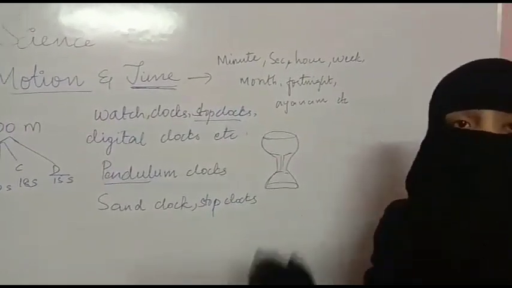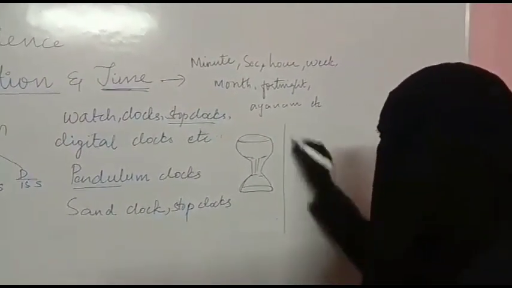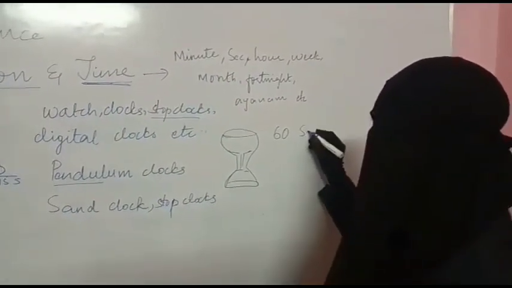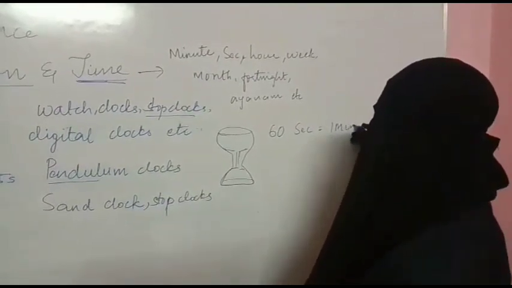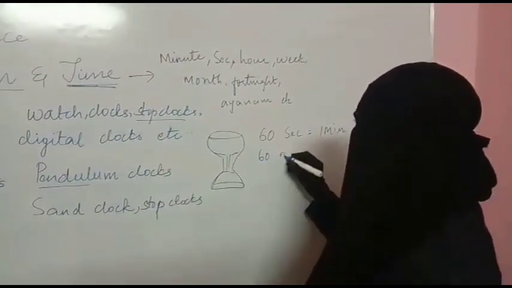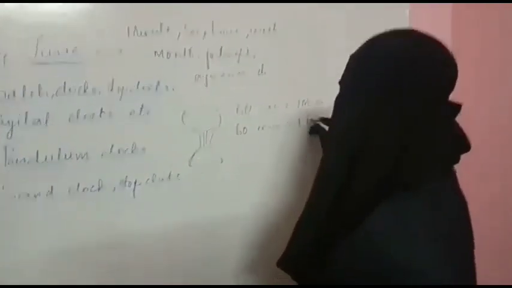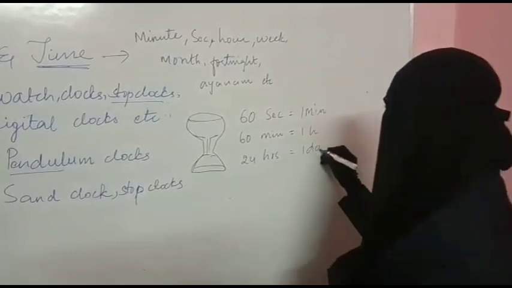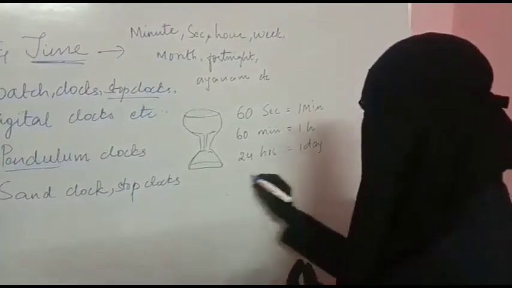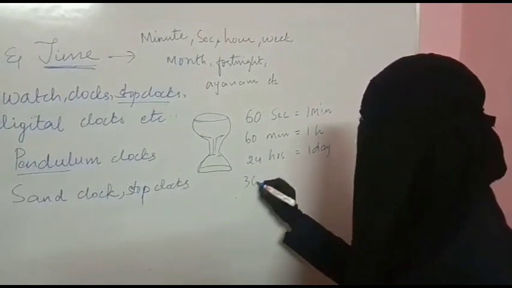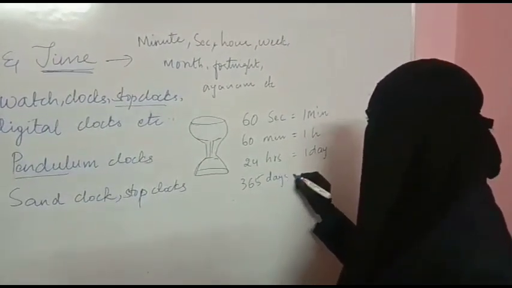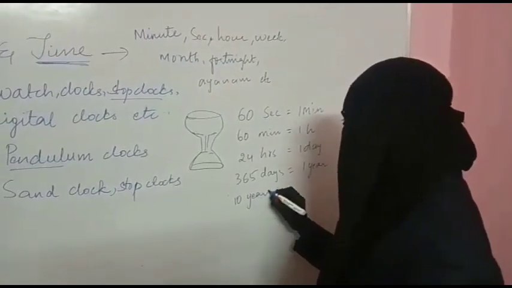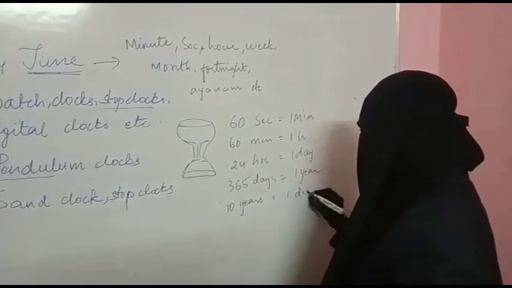Based on this, we have a table that is units of time. Let us see what the units of time are here. 60 seconds equals 1 minute. 60 minutes equals 1 hour. 24 hours equals 1 day. 365 days equals 1 year. 10 years equals 1 decade.